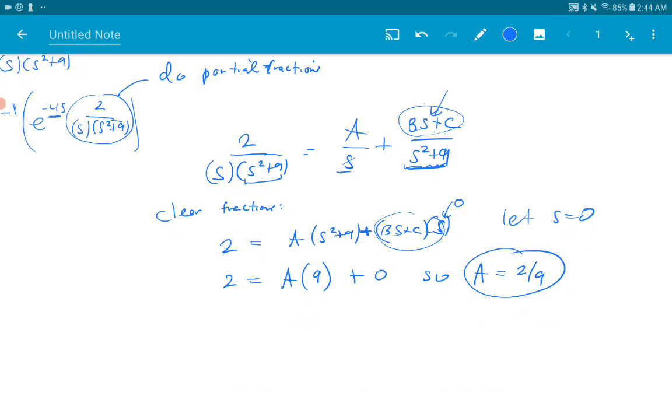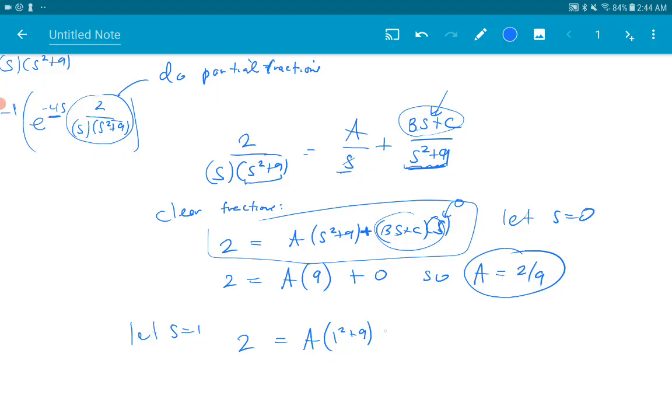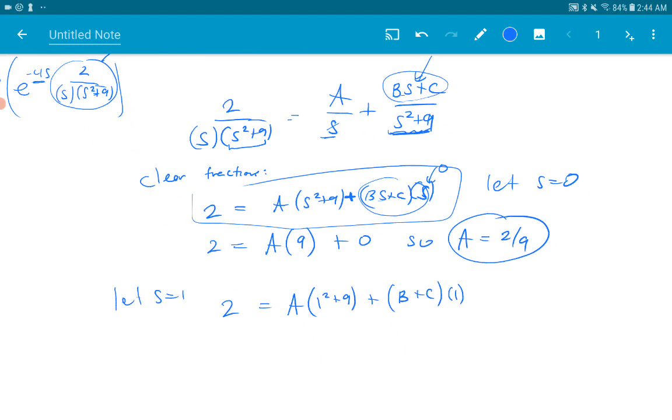What would be another thing I could plug in? Let's plug in s equals 1 back into this expression. I'll get 2 equals a times 1 squared plus 9 plus b times 1 plus c times 1, right? Okay, so that means 2 would equal 10a plus b plus c.